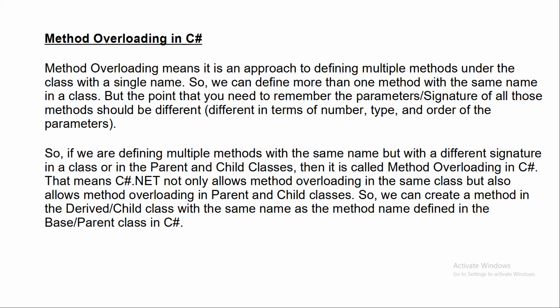You can pass an integer in one method, a string in another method, an integer as the first parameter and a string as the second parameter, or a string as the first parameter and an integer as the second. So you're defining different implementations based on the parameters we pass for that particular method.